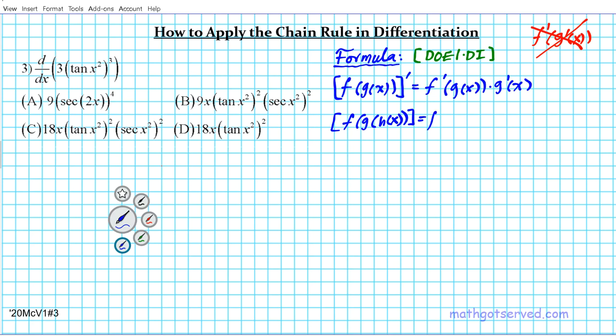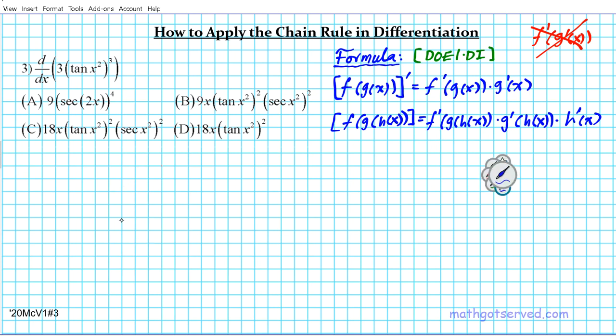You do the derivative of the outermost, evaluated at the composition of the two inner functions, times the derivative of the middle function, evaluated at the innermost function, times the derivative of the innermost function. This is known as the two chains formula. You're doing chain rule twice. Okay, so let's go ahead and differentiate this function right here.